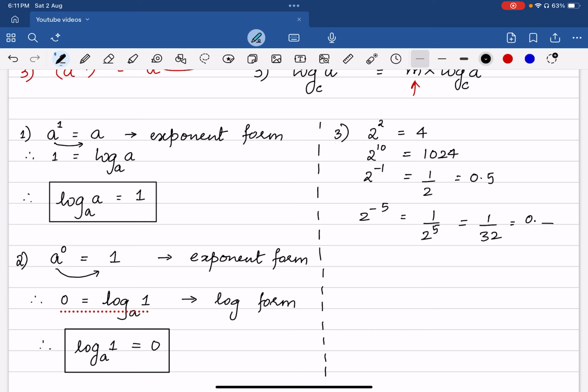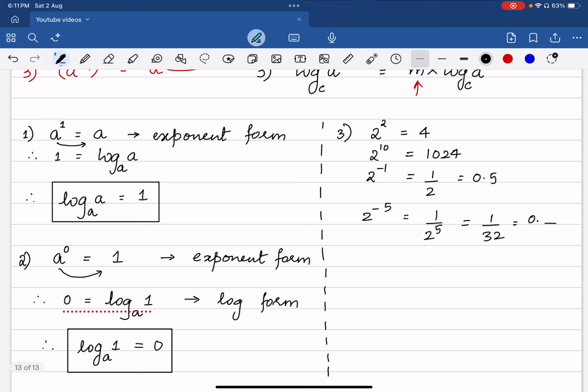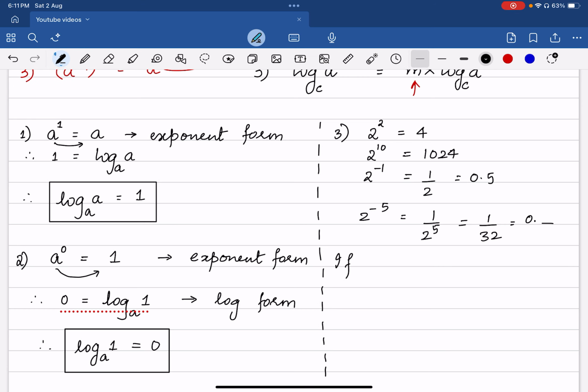Now, the idea is that if my base is a positive number, if a raised to x equals b, and a is positive, then b is also positive.